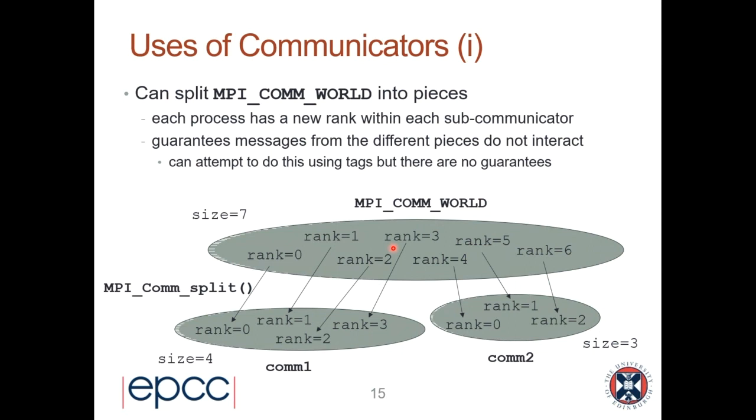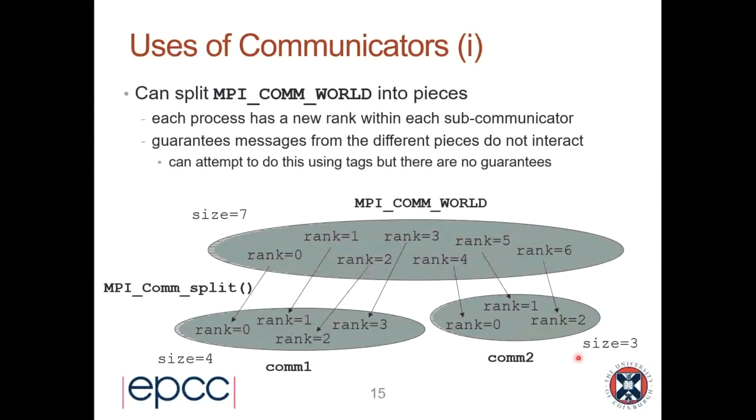But if you start creating subcommunicators, you need to compute new ranks. If this process is rank 6 in COMM_WORLD but rank 2 in Comm2, and I tried to send to rank 6 in Comm2, MPI would say there's no rank 6 in Comm2. It's only got 3 members. How can there be a rank 6?